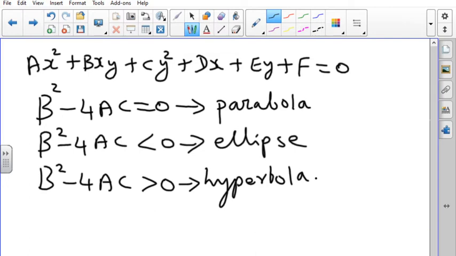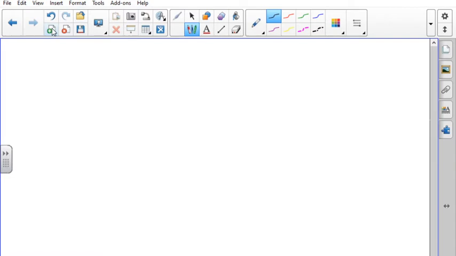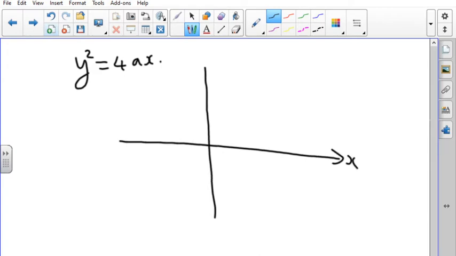So now we'll see the diagram of that. The standard equation of the parabola is y square is equal to 4ax. Here, this is the x-axis and this is the y-axis. So y square is equal to 4ax will open rightward.